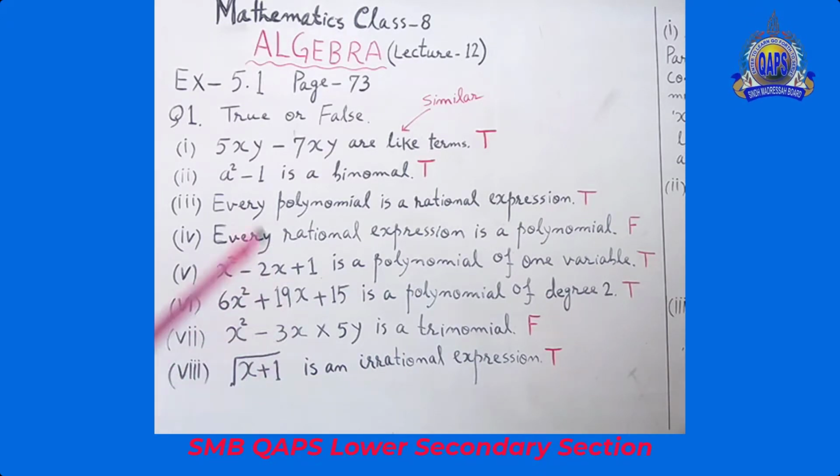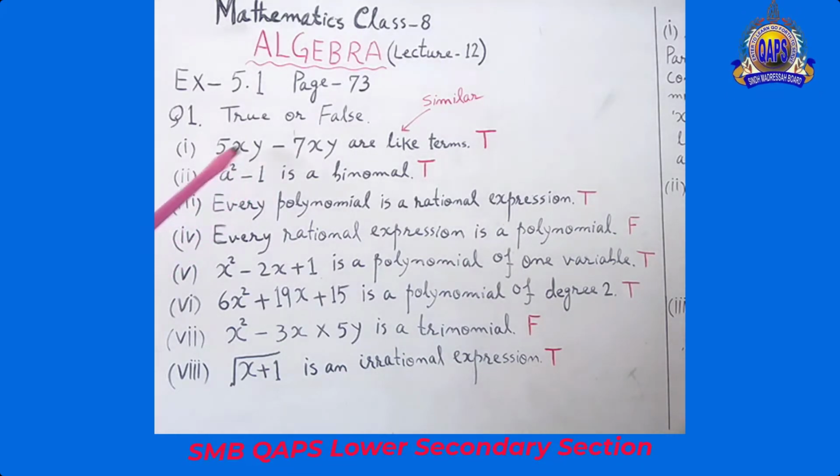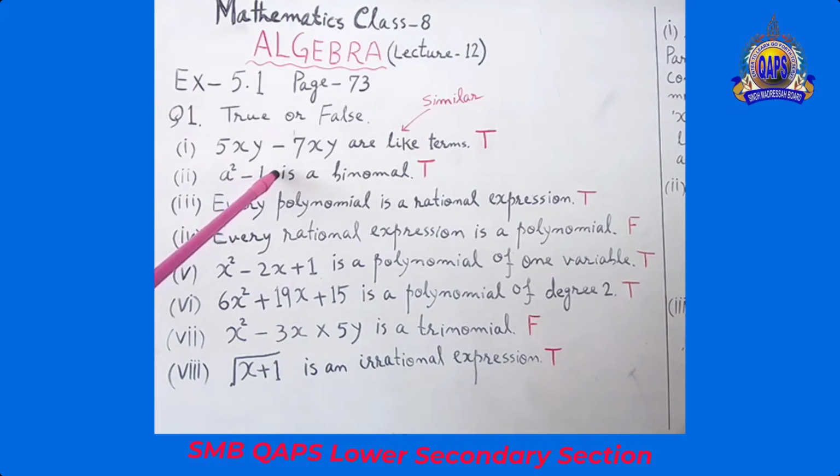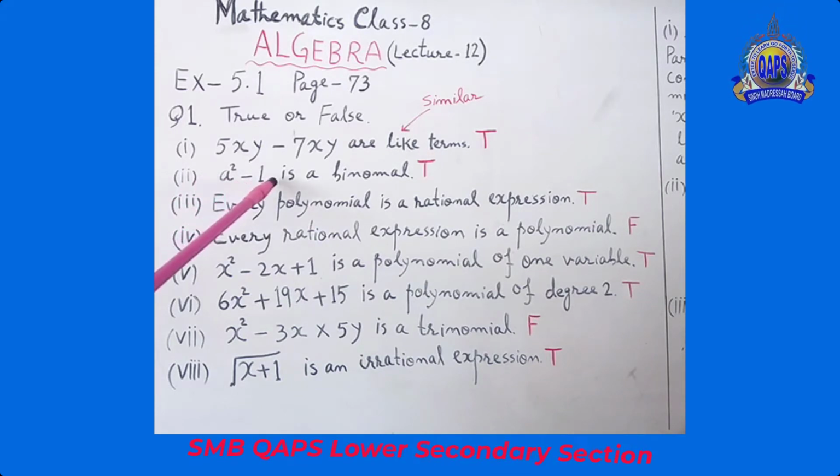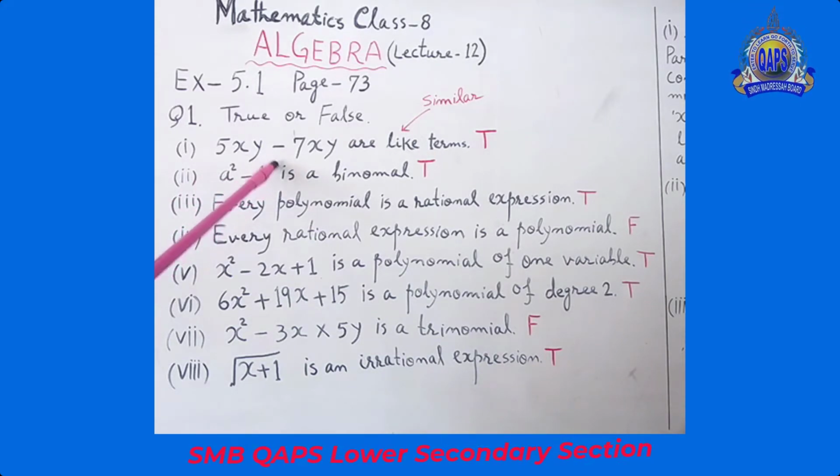So look at the board over here. a square minus 1. This is one term and this is another term. So we have 2 terms over here. See? Try to understand this thing. a square minus 1. This is one term, a square. Minus, this is second term, 1.